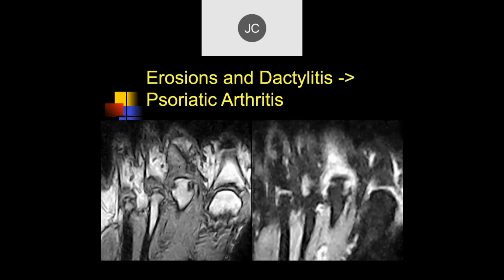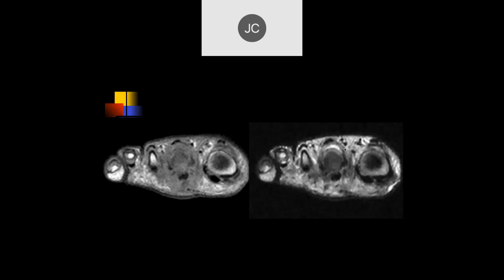So whenever it's more peripheral like that, psoriatic arthritis overlaps a lot with rheumatoid arthritis. You certainly can get the metatarsal head erosions as well, but psoriatic tends to involve more the peripheral joints. We'll talk much more about this when we talk about the hand and go into how to differentiate psoriatic from rheumatoid arthritis when we do the lectures on the hand.